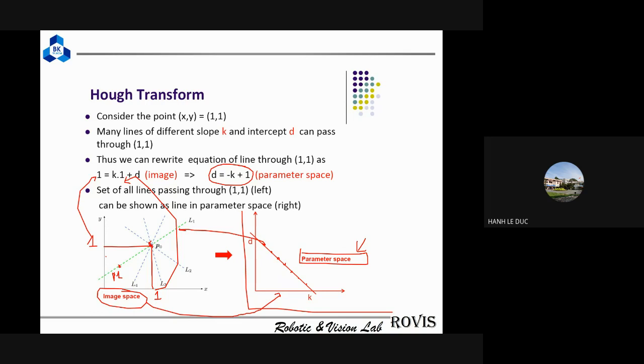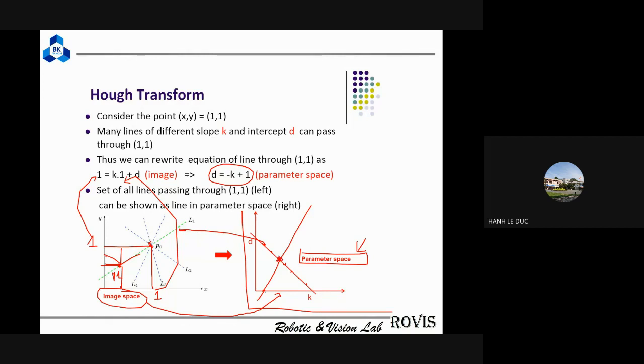For example, we have another point, P1 here, and we calculate this, and then we will have another equation, something like this. We will have another equation for P1 here, and they will intersect at one point here.